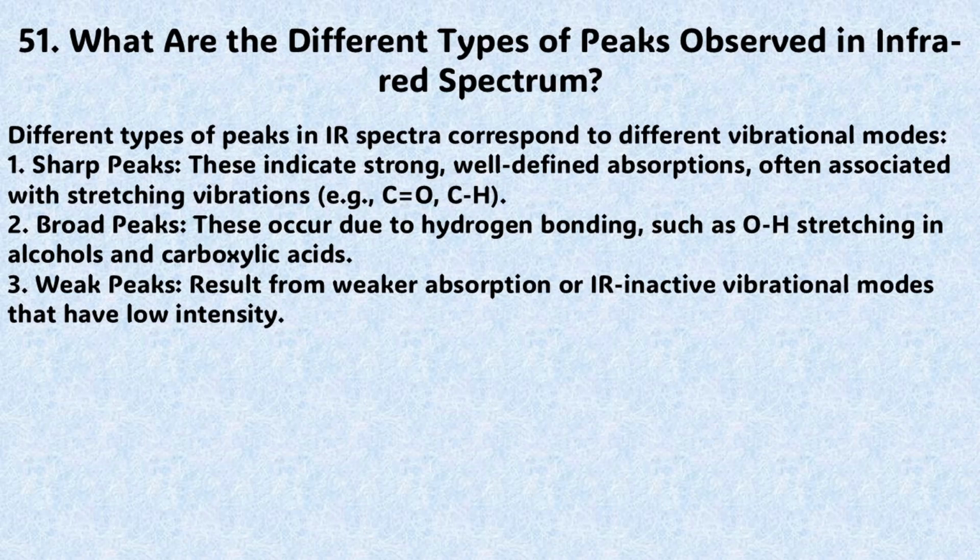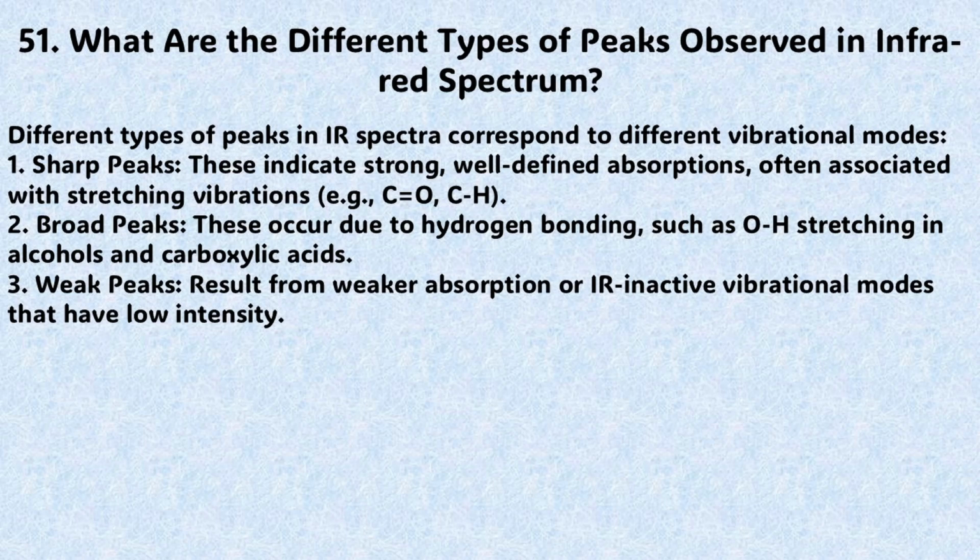The next question is question number 51. What are the different types of peaks observed in infrared spectrum? The answer to this question is very simple. Different types of peaks in infrared spectra correspond to different vibrational modes. Sharp peaks: these indicate strong, well-defined absorptions, often associated with stretching vibrations, for example, C=O, C-H.